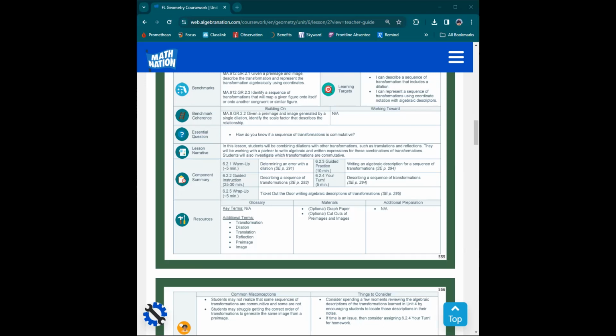Our S prime is going to be 3 times 2, which is 6, and then our y value, 3 times -2, is going to be -6. Finally, for our T prime, 1 times 3 is going to be 3, and then 3 times -3 is going to be -9. So these will be our new coordinates.